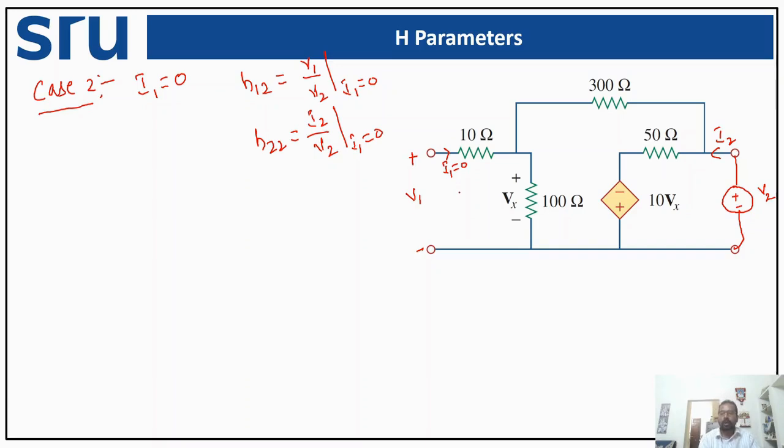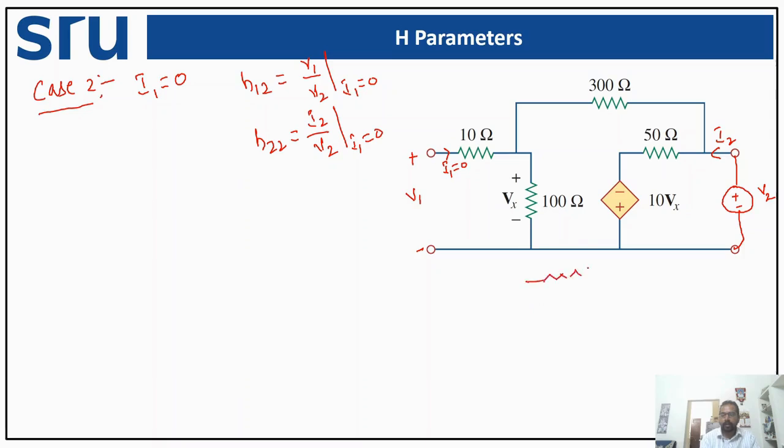Now our objective here is to find the relationship between V1 and V2. V1 is here and V2 is over here. And the other thing is we need to get the relationship between I2 and V2 itself. Now as I1 is equal to 0, let us redraw this circuit. How will my circuit look?